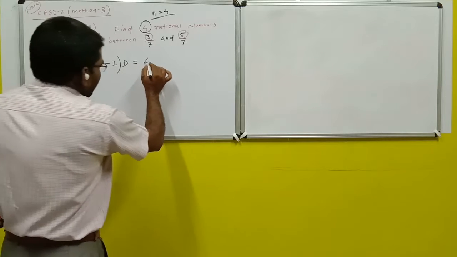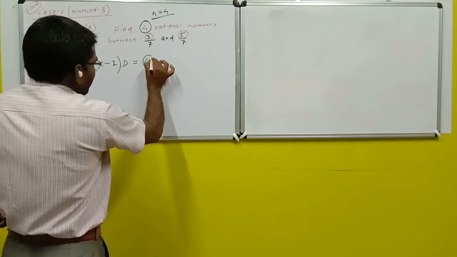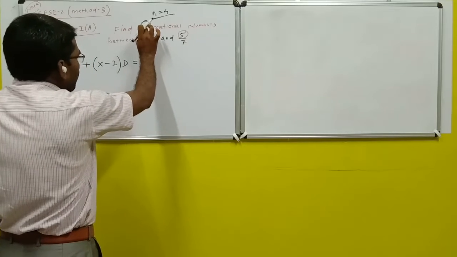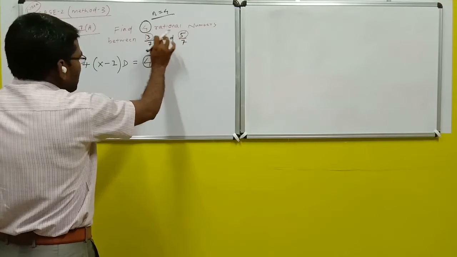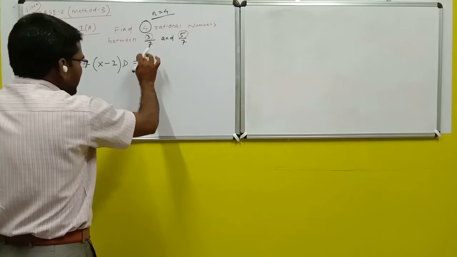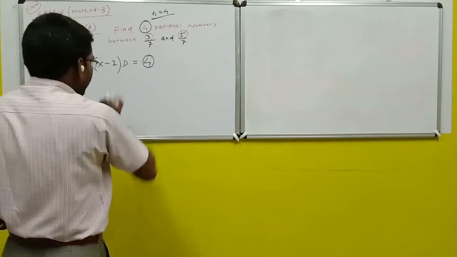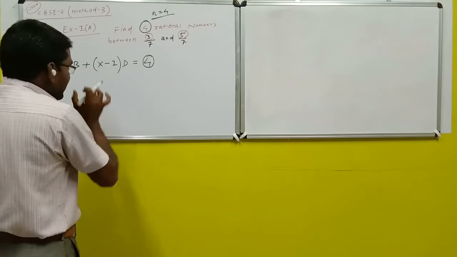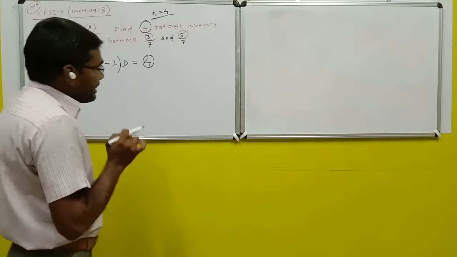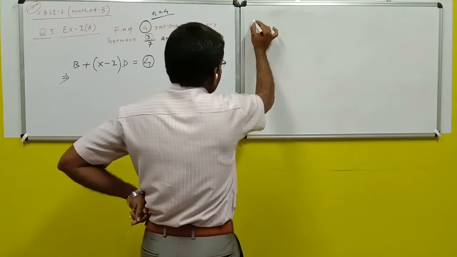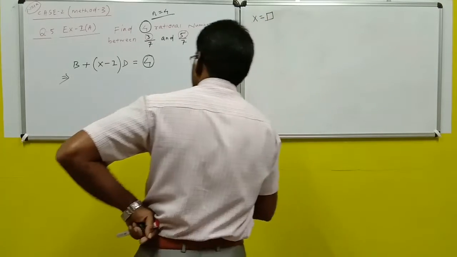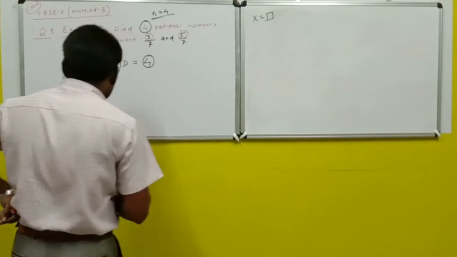Yes, ये जो 4 है ना, it means you have to find out totally 4 rational numbers between these two given rational numbers. Therefore in this place 4 will be written. So it is the rule, it is the formula. This formula is used to find out the value of x. Yes, x का value find out करने के लिए this formula will be used.